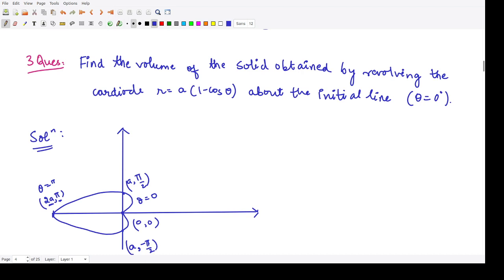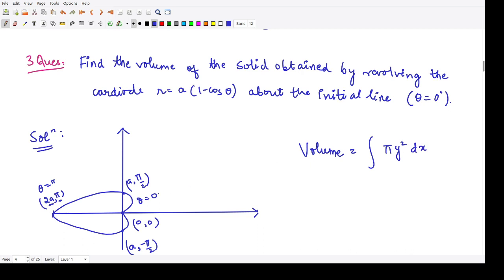So this is the figure, you all know what a cardioid is, and to calculate its volume, the volume is calculated using this relation, pi into y square dx.